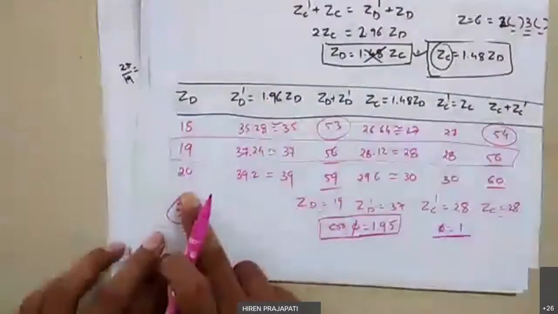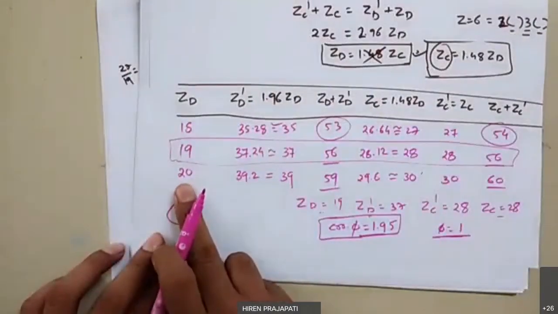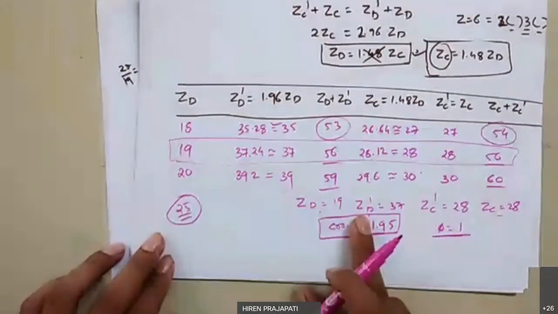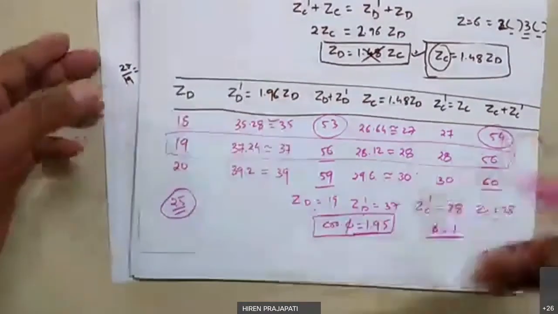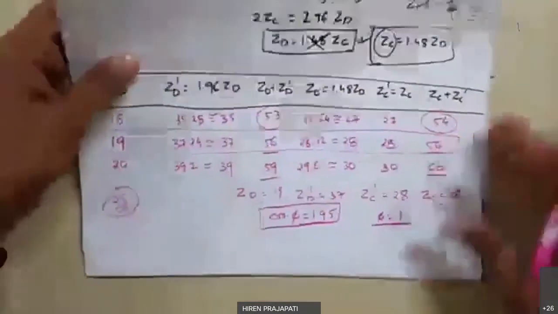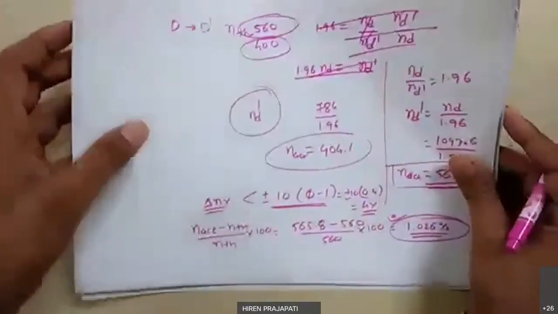We need to go for 21 and again check whether that is less than 4% or not. If not, then again go for 22. So you need to keep continuing that iteration, right? This is how you can find the number of teeth on different gears of the gearbox as per the required speed. So we end here the design of the gearbox.